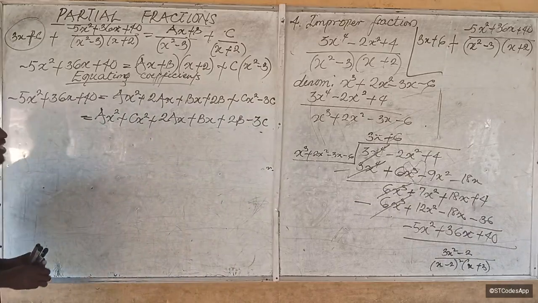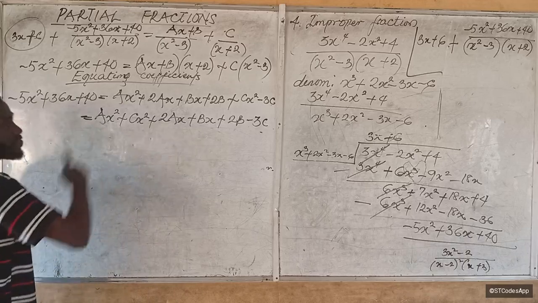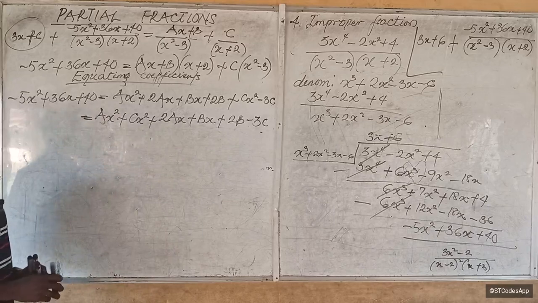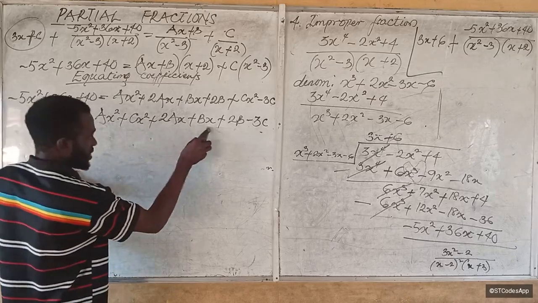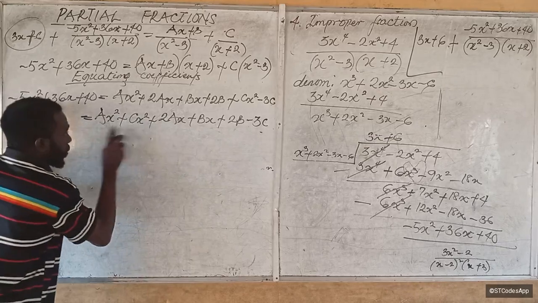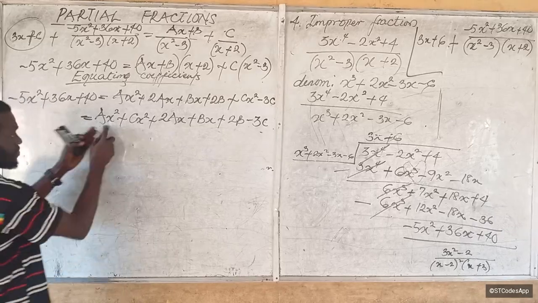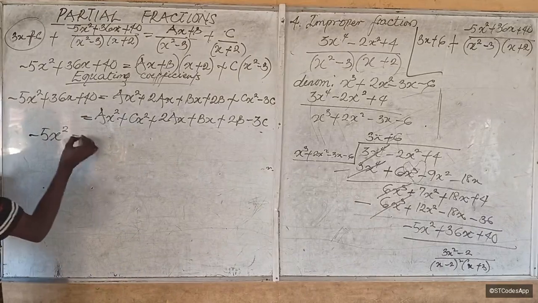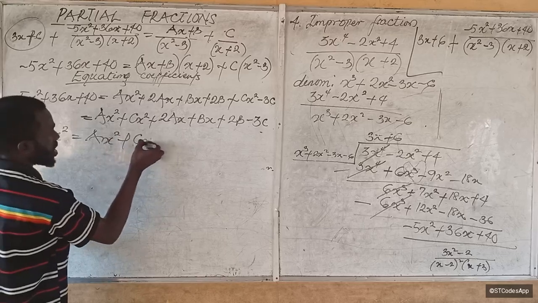Now watch this. We now equate coefficients. The guys that have equal coefficients here, we equate them to the guys that have the same coefficients with them here. For example, there is no way we can ever resolve this and this to give us 5x squared. It is only this and this that we can resolve to give us what? Minus 5x squared. Does that make sense? Because they have the same coefficients. So we can say, therefore, that minus 5x squared was contributed by ax squared plus cx squared.